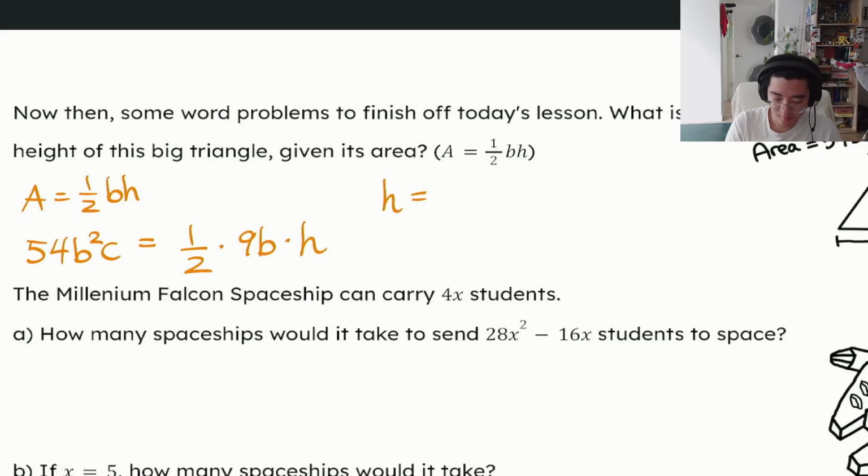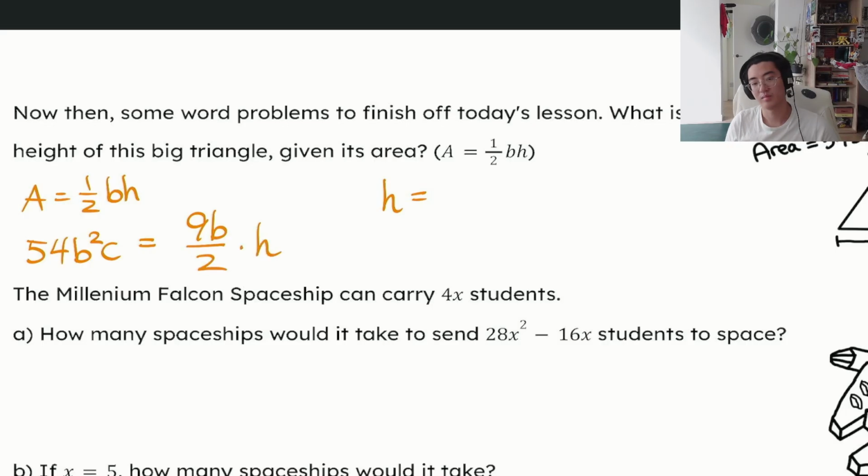So once again, actually, let's combine those two here, just so it's a bit more clear. We get 9b over 2 times h. Now we want to know what h is.